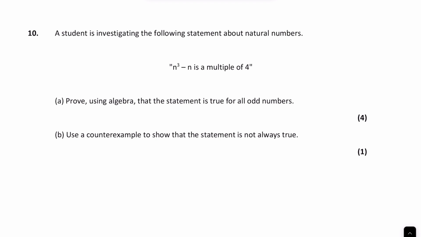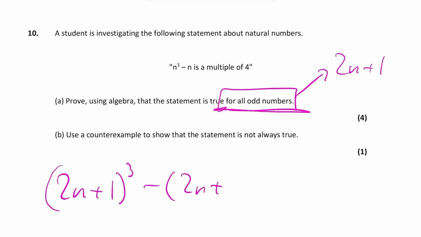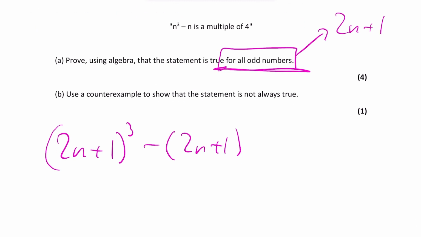Okay, last one. If it's true for all odd numbers we use 2n plus 1 or 2n minus 1. So if we do 2n plus 1 cubed, and we take away 2n plus 1, then this will expand to 2n plus 1, 2n plus 1, 2n plus 1.